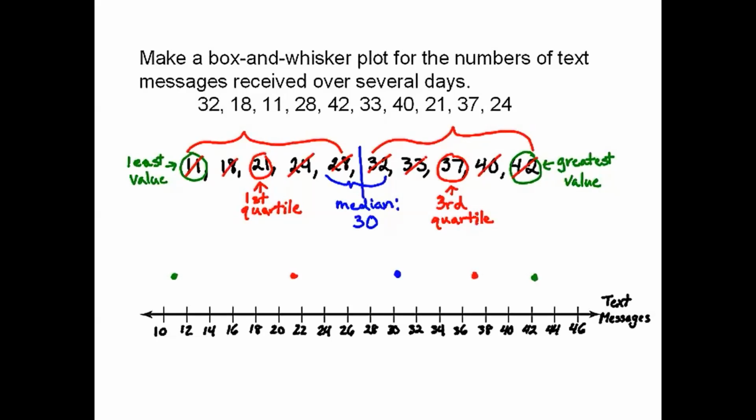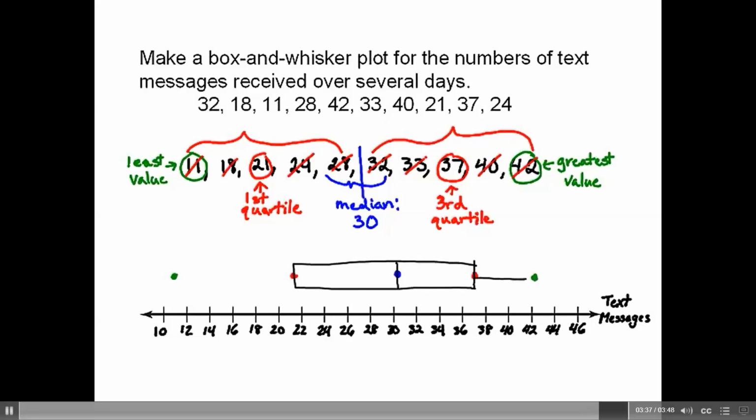Now we need to draw a box using the quartiles, then draw a line through the median, and finally draw whiskers from the box to the least and greatest values.